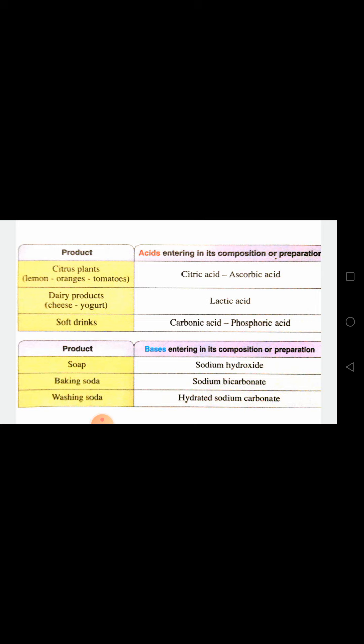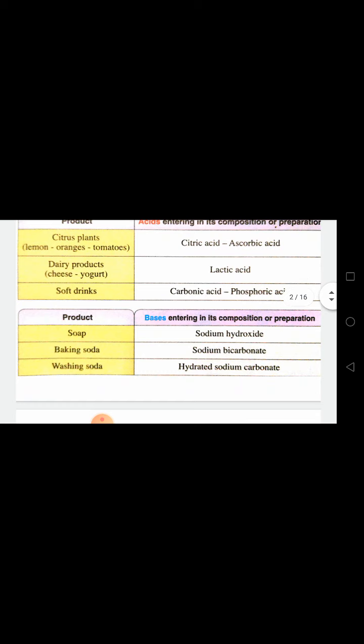For example, citrus fruits, lemon, orange, tomatoes, dairy products, soft drinks, all of which contain acids, while soap, baking soda, and washing soda contain bases.